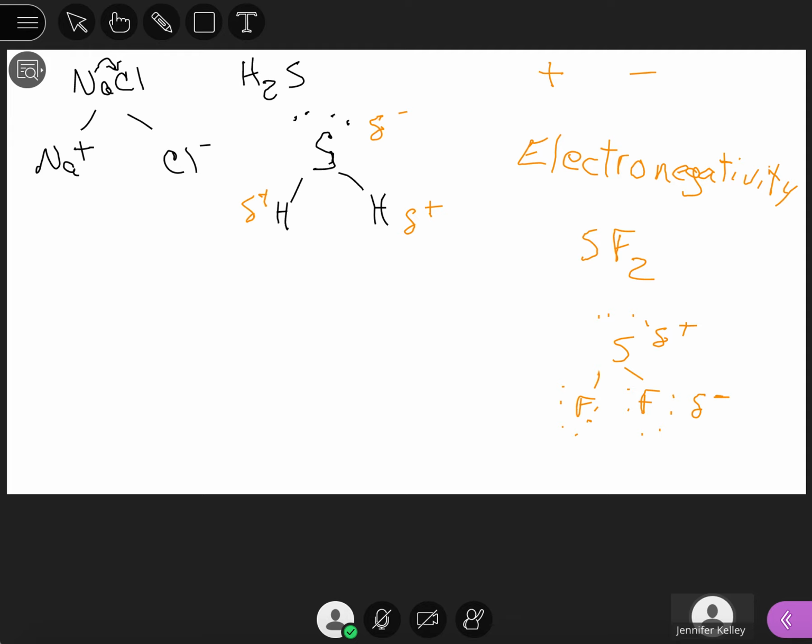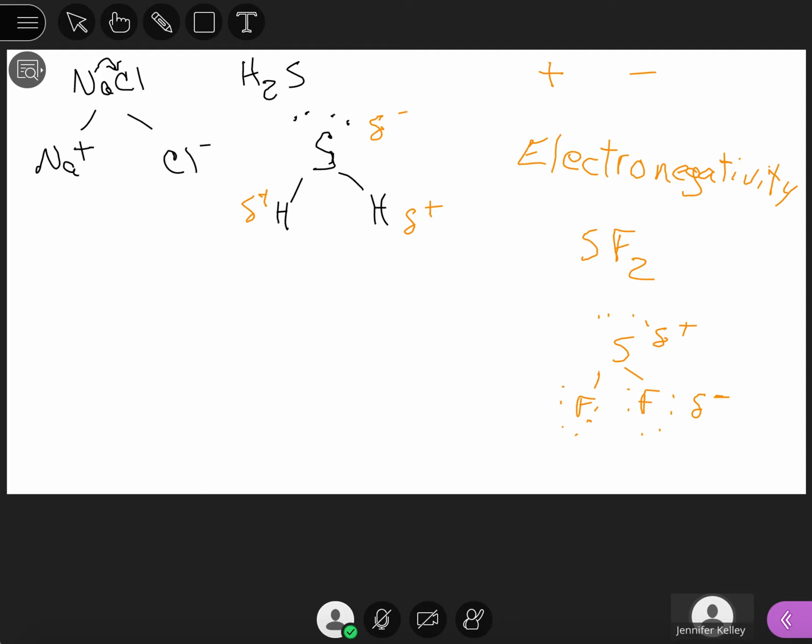So when you put these things together, let's say we have liquid H2S in a beaker, and we pour some sodium chloride into it and stir it so that the sodium chloride dissolves.